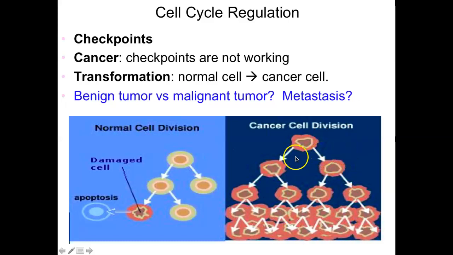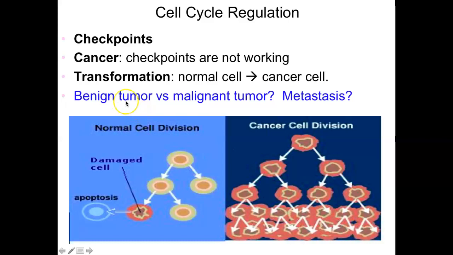And this is that image. One cell that's damaged divides, divides, divides. It doesn't know when to stop, and that is when you get a tumor. When cells are transformed, the word transformation is that process when a normal cell becomes a cancer cell. And that's through many, many hits or mutation events that build up inside of a cell.